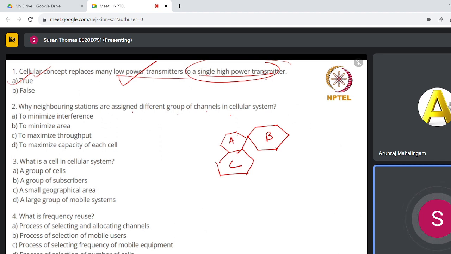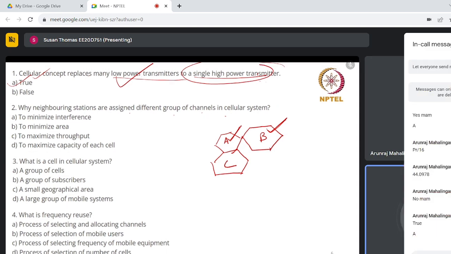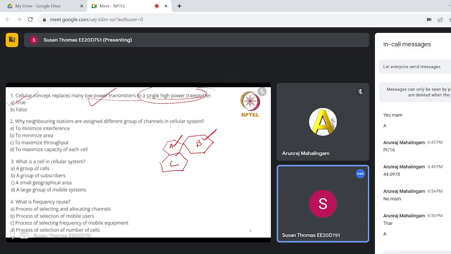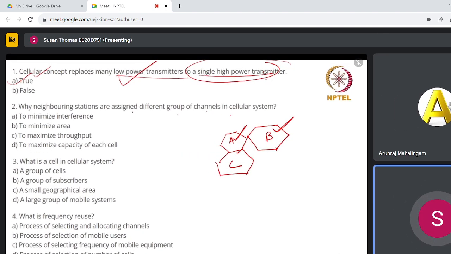This will have a group of channels, this will have another group of channels. Suppose the channels used by A and the channels used by B are the same, then what happens? There will be a chance of interference. So if different groups of channels are assigned to the neighboring stations, the advantage will be, yes, your answer is right, to minimize the interference.